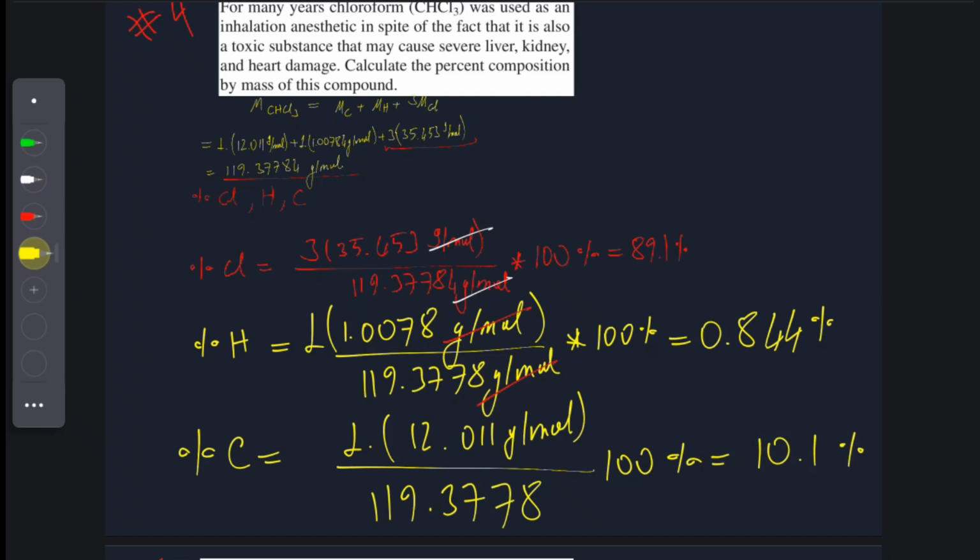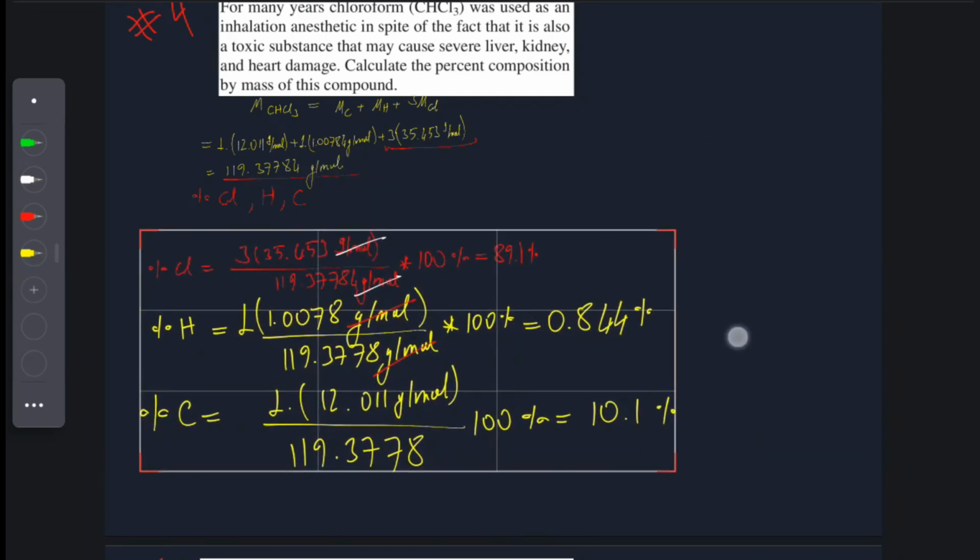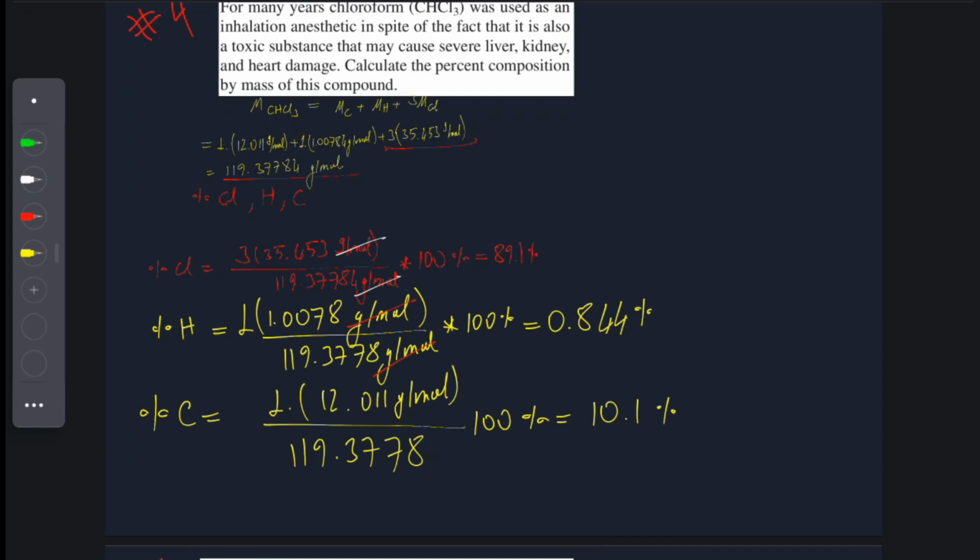So why didn't I subtract the mass of these two to calculate the percent of carbon? The reason is that I want to check my calculations. The easiest way is summing up my calculated numbers. If I calculated these numbers correctly, then the result should be 100.